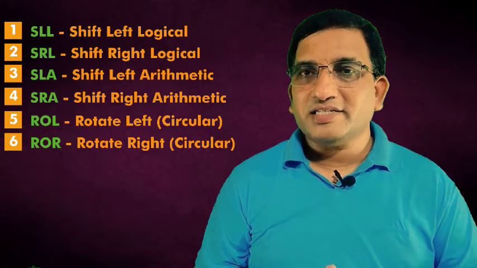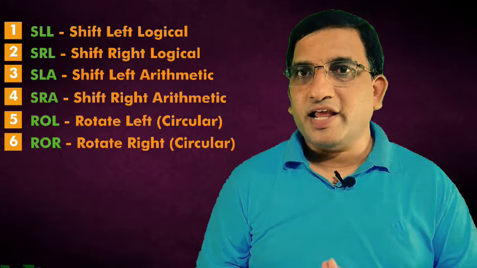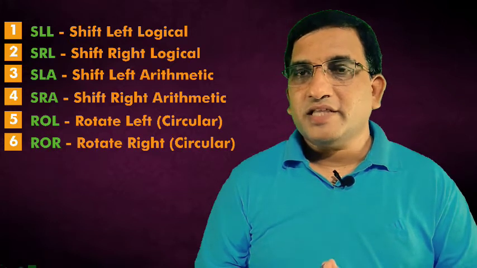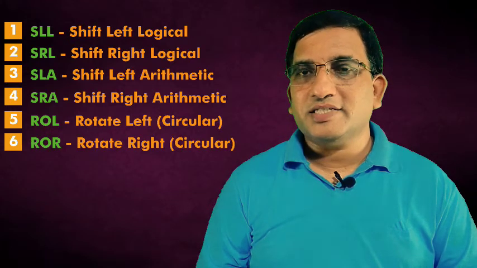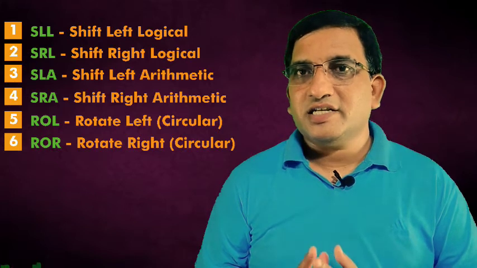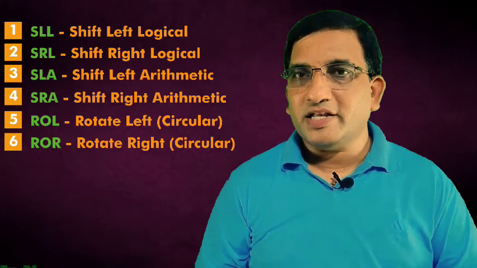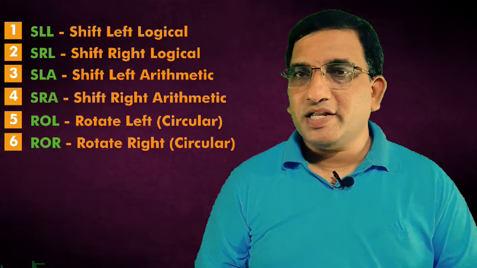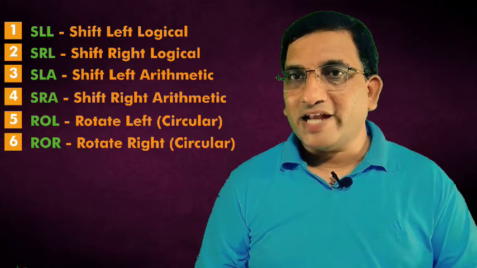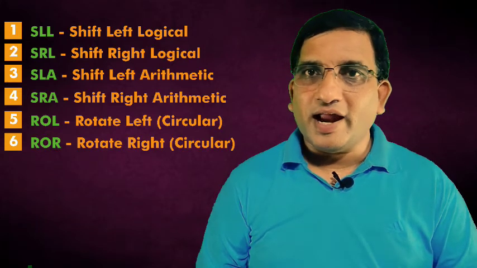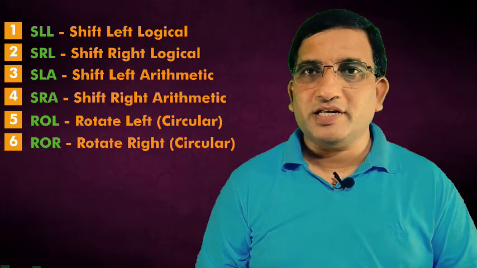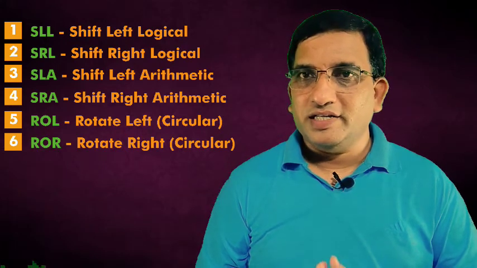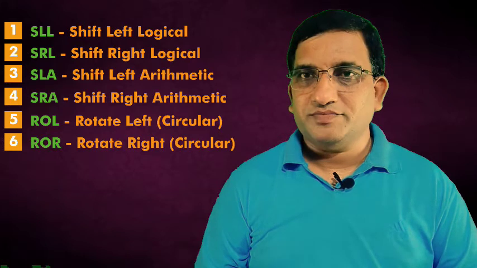This SLA stands for shift left arithmetic. The next operator is SRA, that is shift right arithmetic. The next operator is ROL, which stands for rotate left, and the last shift operator is ROR, that is rotate right.